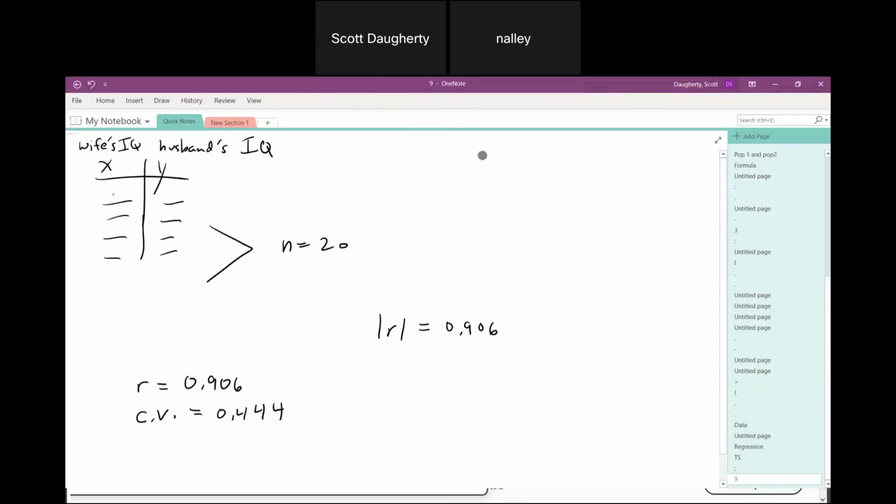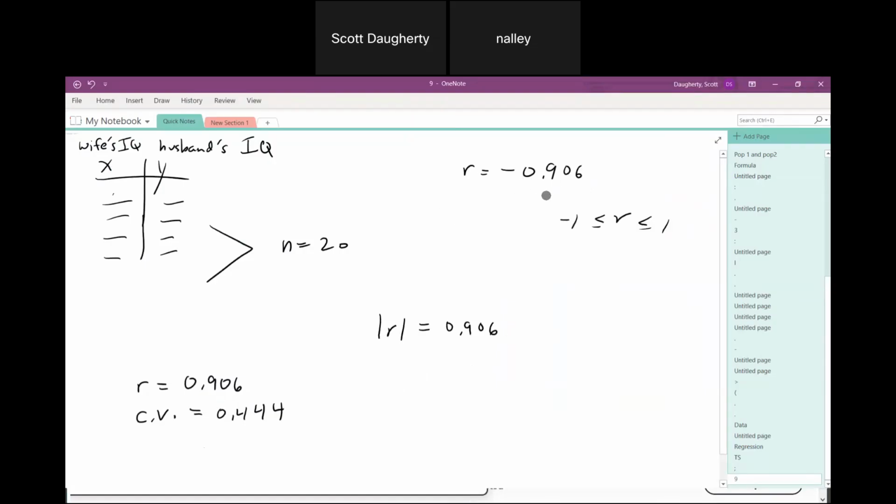0.906 is still 0.906. The reason you're taking the absolute value is because, let's say R was negative 0.906. Now remember, R could be negative, right? It goes from -1 to 1. This is close to -1, which means it's probably forming a downhill line, right? But the tables don't have the negative values in it.